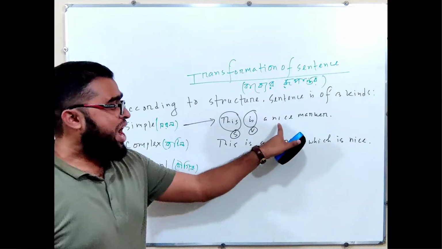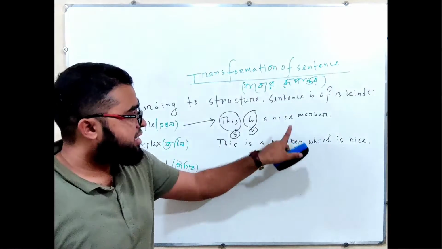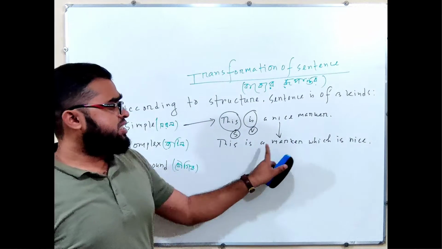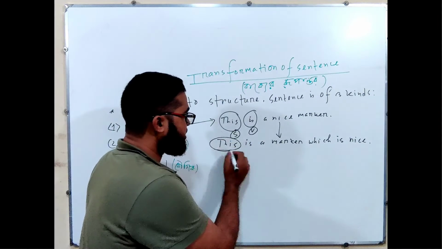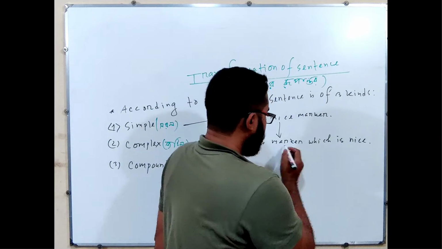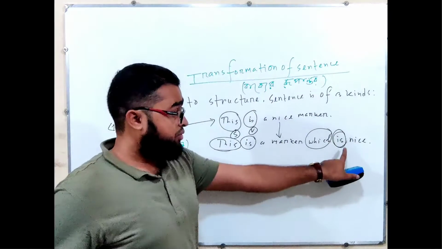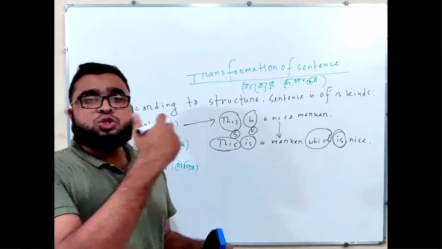Now I have already transformed this sentence to this sentence. This is a marker which is nice. This time look at this. This is one subject, is a verb, and which is a clause marker, and it takes another verb, that is, is. So this time you can see pretty much two verbs and two subjects.